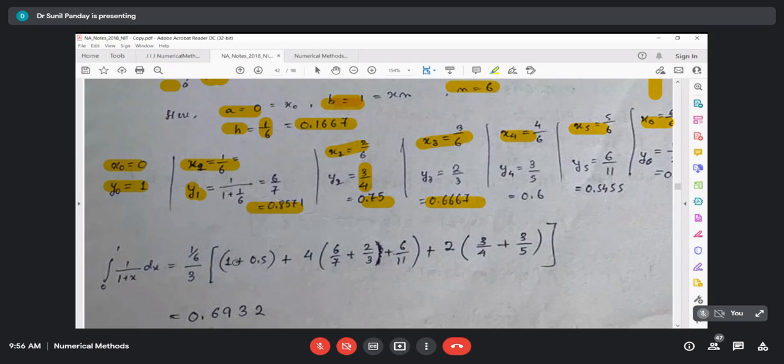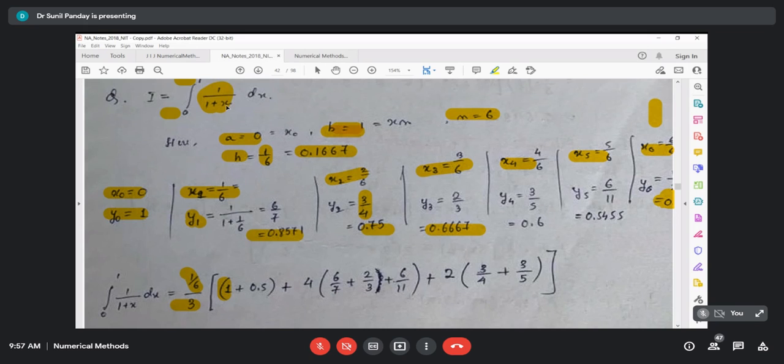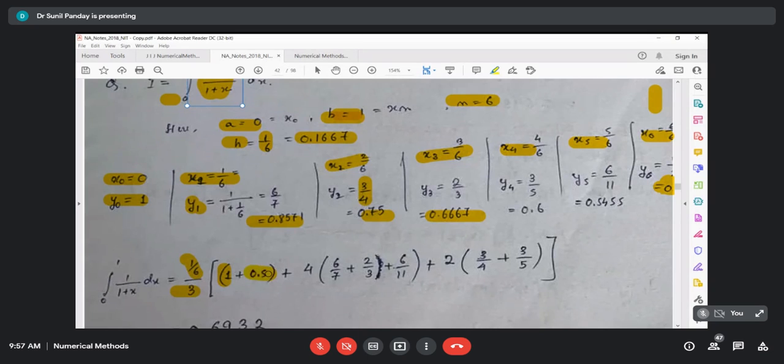Because h is 1 upon 6, in the formula it is h upon 3, so h is 1 by 6 and 3 is already in the formula. This is y naught, so we have substituted here, and this is 0.5. It is not visible here, but it turns out to be 0.5. You can see now, you substitute 1 upon 1 plus 1, so 1 by 2, it turns out to be 0.5.